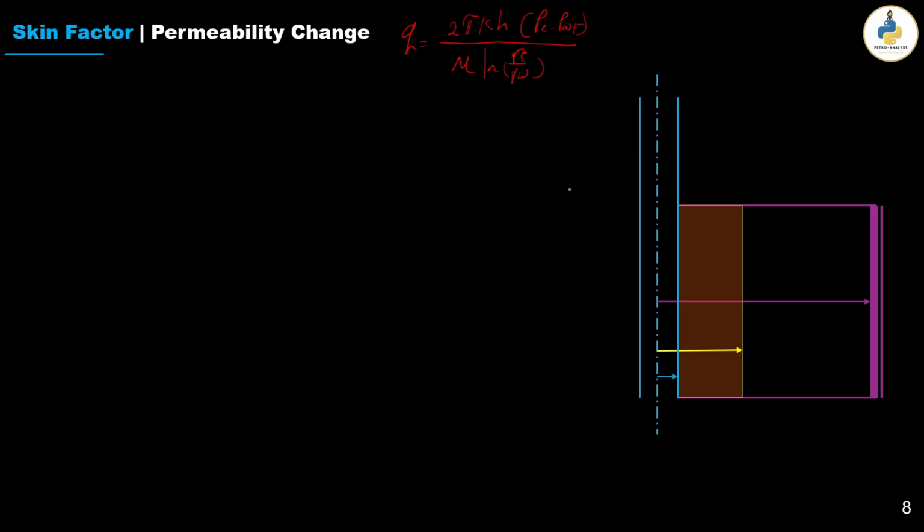And now, by any type of operation or anything that caused a physical change in the rock properties like the permeability, there will be a damage in the near wellbore area, which is this area. So this area is going to have another permeability than the actual formation permeability.